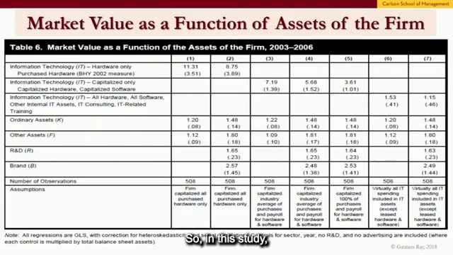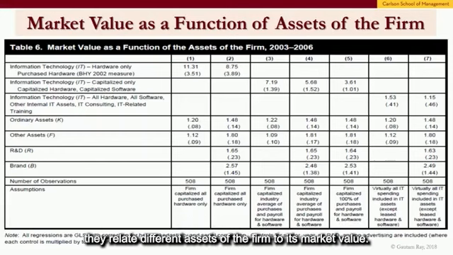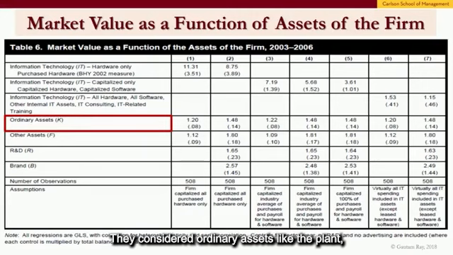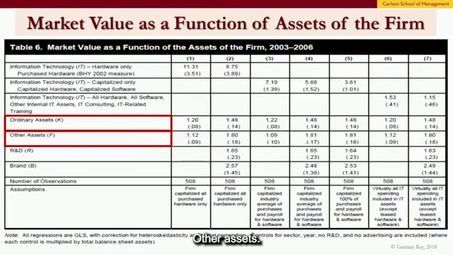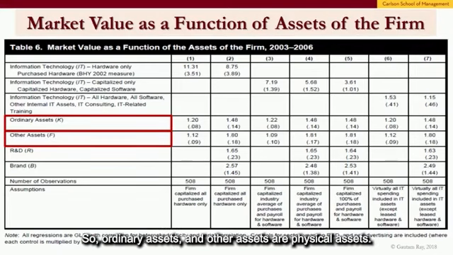So, in this study, they relate different assets of the firm to its market value. They considered ordinary assets like the plant, property, and equipment of the company. Other assets include cash, inventory. So, ordinary assets and other assets are physical assets.